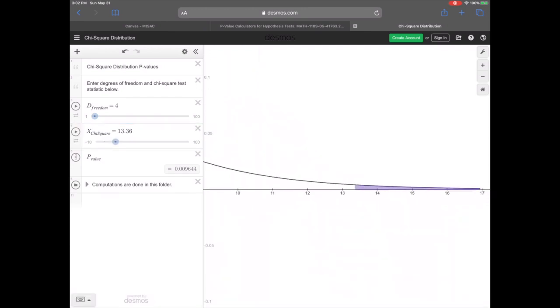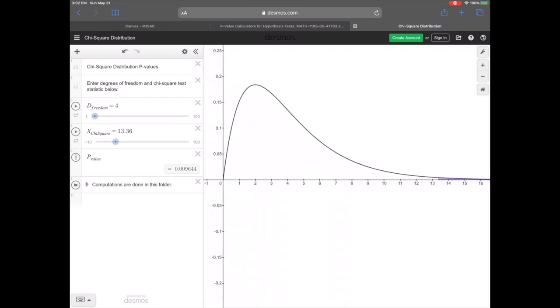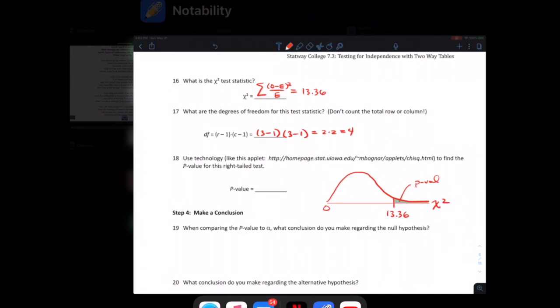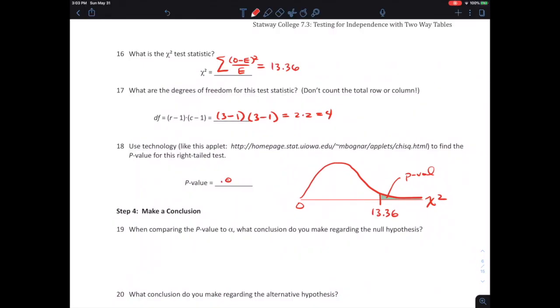And then you can see the tail is shaded down there. And the area of the tail on the left is 0.0096, I guess we can say. It's pretty small. So this is 0.0096 based on the values we got. As you go through this, if you round differently than I did, then you're going to get different outcomes. Small differences in p-values are not a big deal.